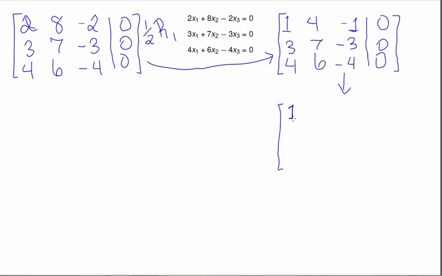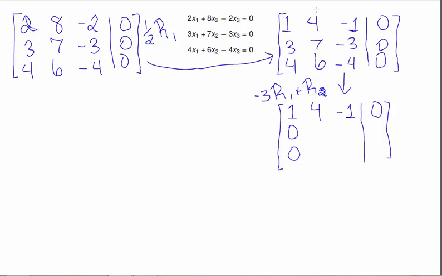We now want to get the zeros underneath the 1. To do this, we will start by multiplying the first row by -3 and adding it to the second. So -3 plus 3 is 0. -12 plus 7 is -5. 3 minus 3 is 0.